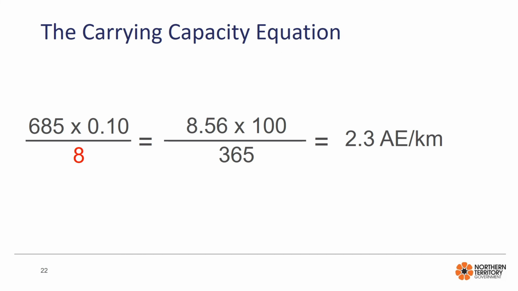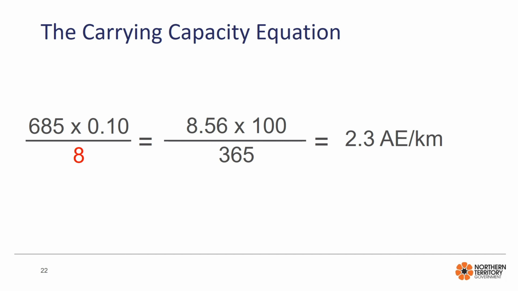So to finish the equation, we had 685 kilos per hectare. We can utilise 10% of that, and 1 AE needs 8 kilos a day on average country. So this is our calculation. We've got our pasture growth at 685 as a median, we can utilise 10% of that, and they need 8 kilos a day. That gives us a figure of 8.56.